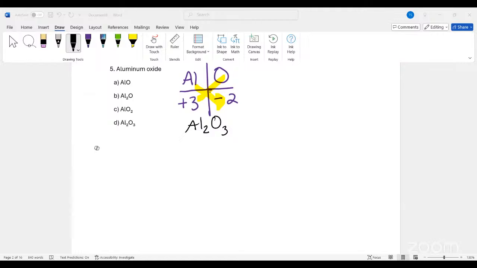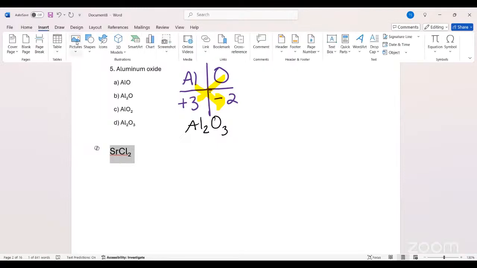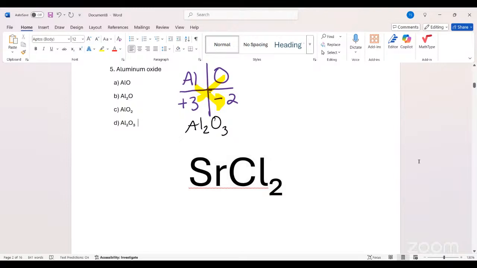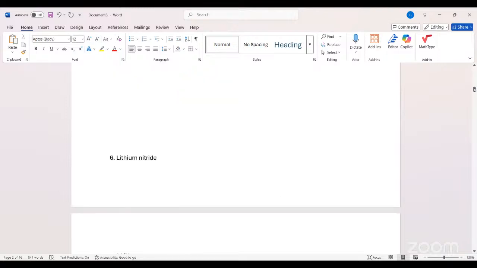Okay. So here's an example right here. Let me go ahead and make this a little bit bigger. And then I'm gonna show you how to name them the reverse way. All right. So don't you stress. I got you. So here is your element right here.